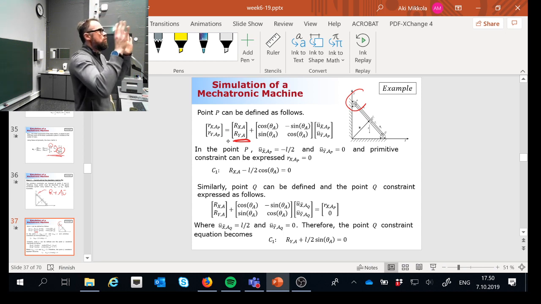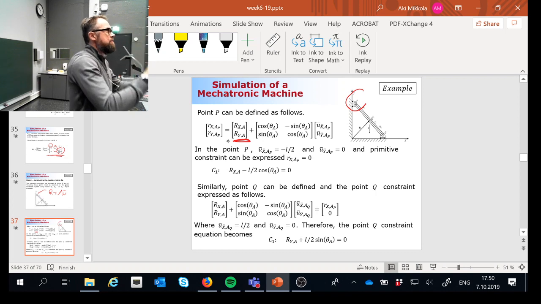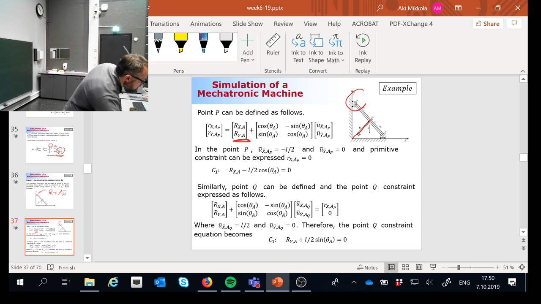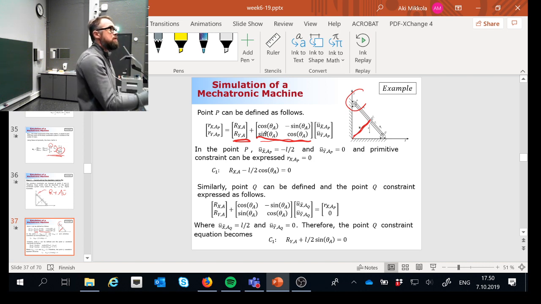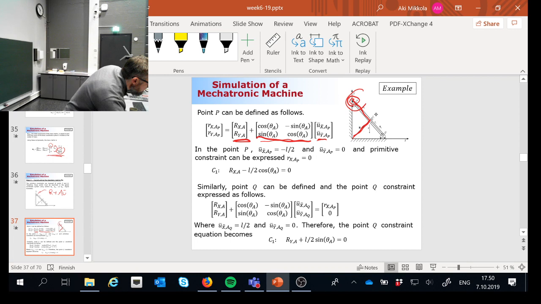Always do it. Always, always. Always you first have to travel to the body reference coordinate system, and that's this one. And then you are counting your orientation of the body reference coordinate system with the help of a 2x2 rotation matrix. And then finally, with the help of vector U bar, you're traveling to the place where the constraint is applying.